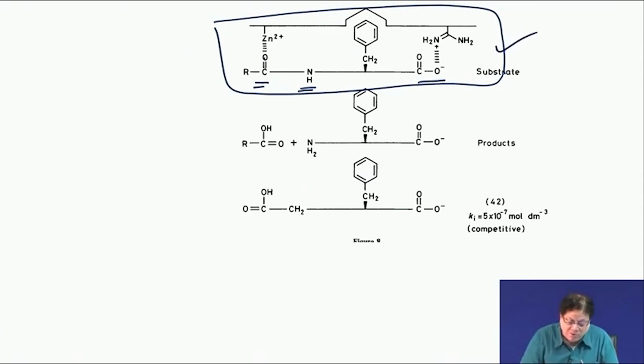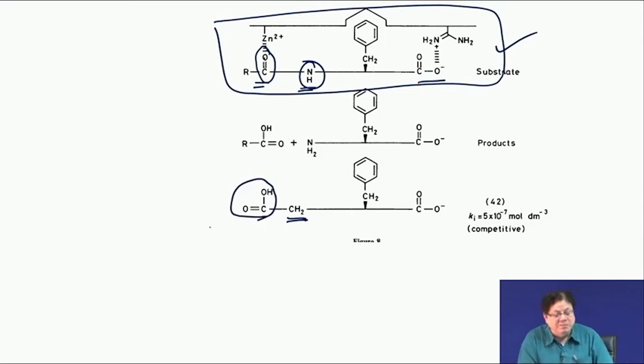Now, someone found that if you remove this NH and form a CH2 here, and also remove the carbonyl, and instead you put the carboxylic acid here, that means there is no peptide bond after this, and the peptide bond is replaced by a CH2. So what will be the effect of this?